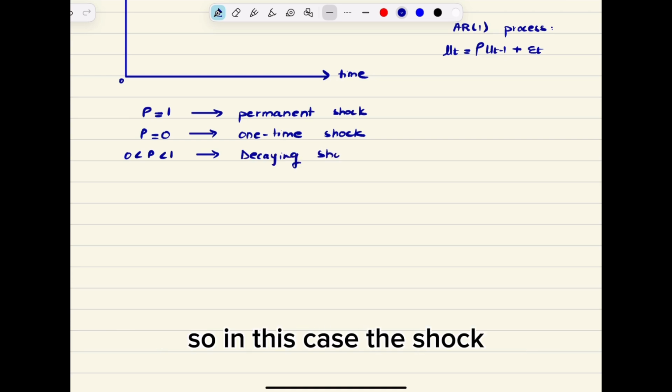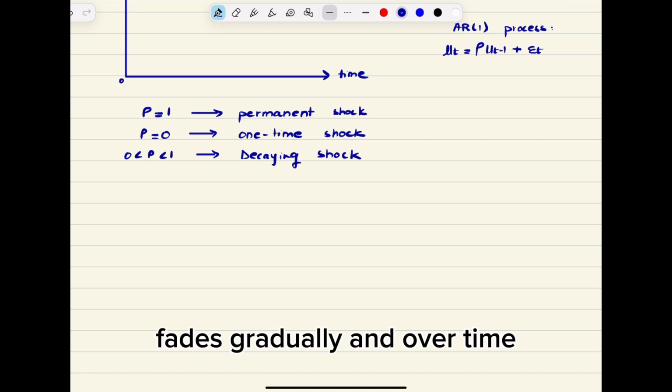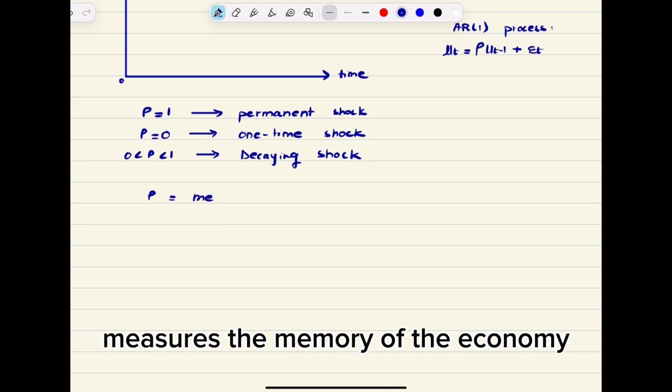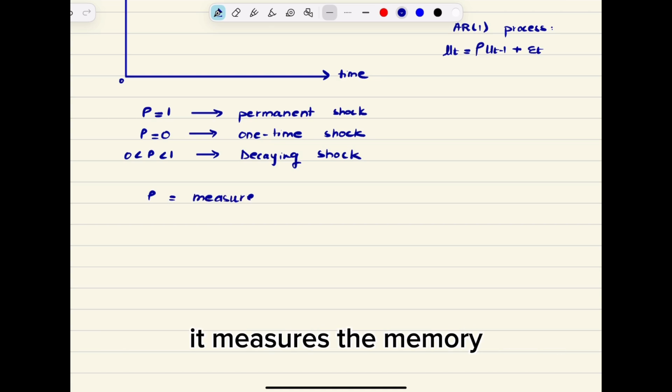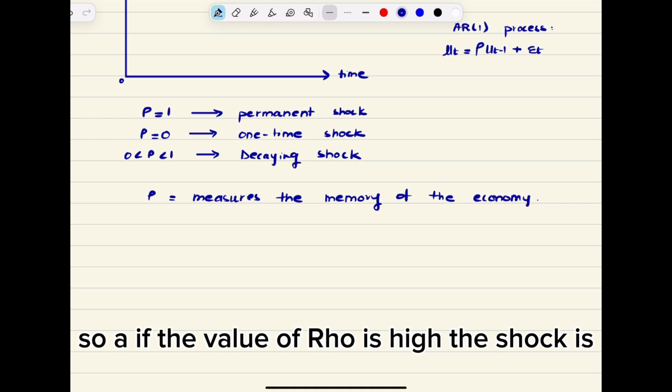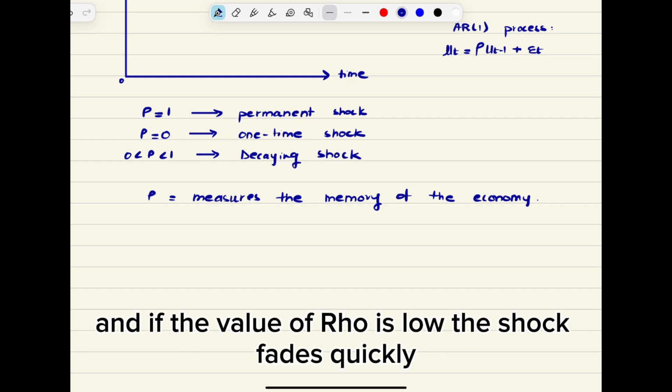So in this case, the shock fades gradually over time. So basically, the value of rho measures the memory of the economy. If the value of rho is high, the shock is remembered for longer. And if the value of rho is low, the shock fades quickly.